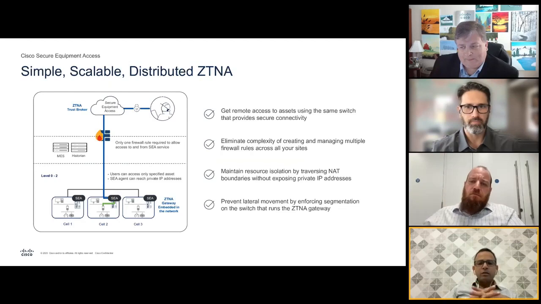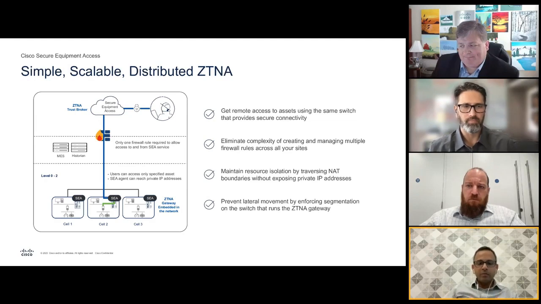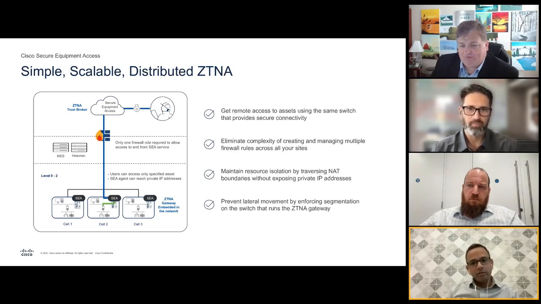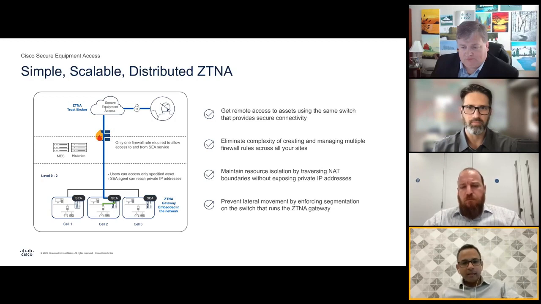I just want to use this to summarize the benefits of having this ZTNA gateway embedded in the network, right? You no longer have to depend on dedicated hardware that is sitting centrally, that then puts the burden on the end users to figure out how to get those assets connected to the gateway, or have the headache of maintaining these gateways down closer to the assets, right?